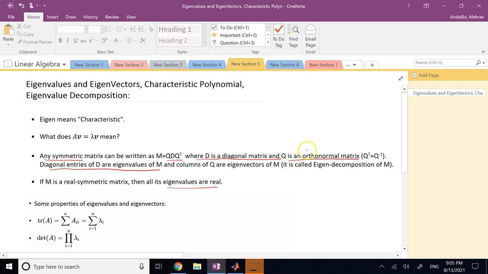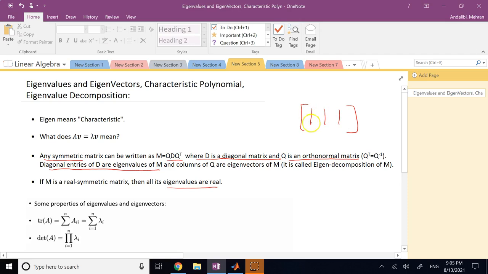Orthonormal matrix is a special type of matrix. Please watch our other video where we talk about orthonormal, orthogonal, and other types of matrices like positive definite, positive and negative semi-definite, and so on. But orthonormal means a matrix that has columns that are perpendicular to each other. So each column is perpendicular to all other columns, and the magnitude of each column is 1.